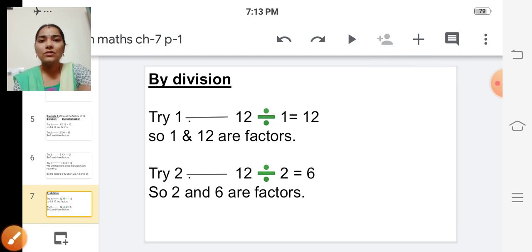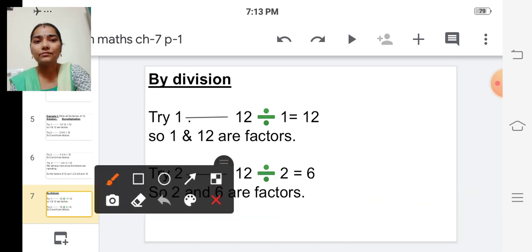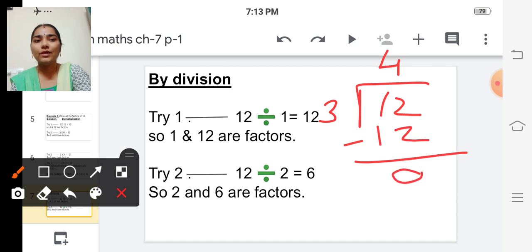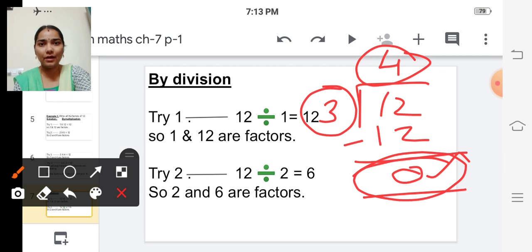Okay. So if we take 3, what will we get? 12 divided by 3, then 4 3s are 12, so we get remainder as 0 again. So 3 and 4 are factors of 12 because we get 0 as the remainder.